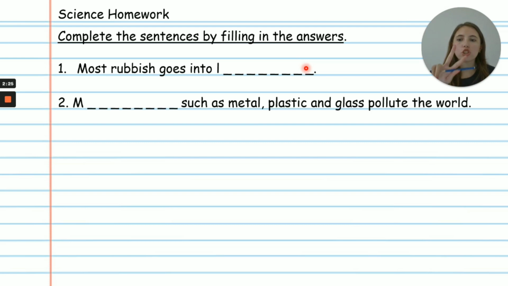Then question number 2, it says, such as metal, plastic, and glass pollutes the world. So a word that starts with M, and it has 9 letters.